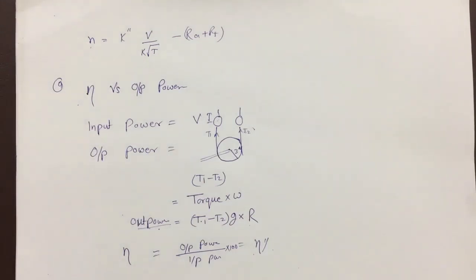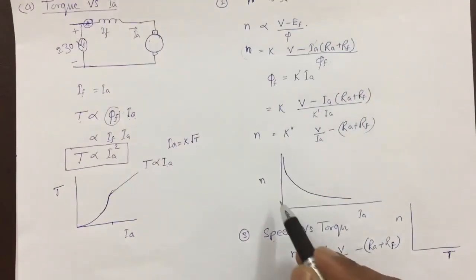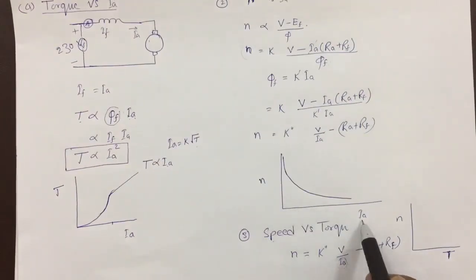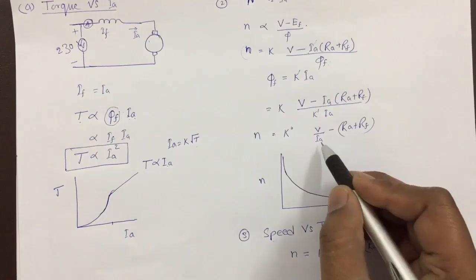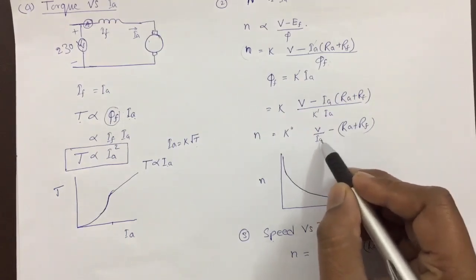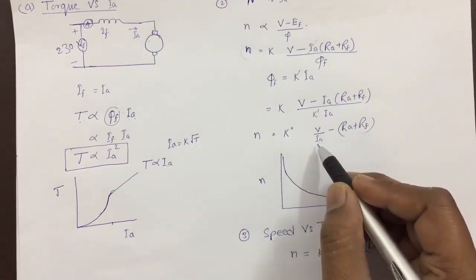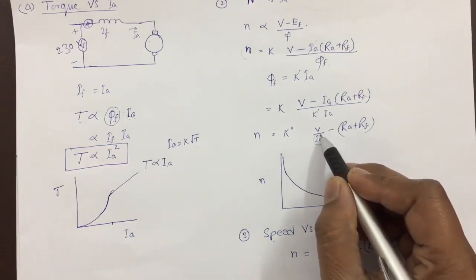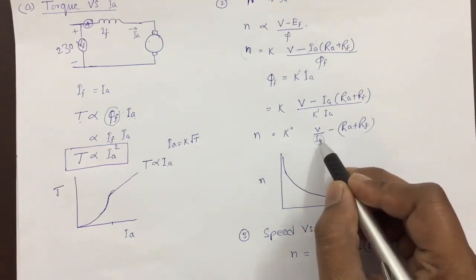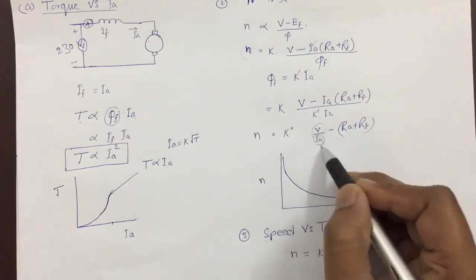In the beginning we explained that the speed is inversely proportional to the current, and when there is no load at the motor, no tension is applied, then there will be no current, and if there is no current, then this value will be extremely high.